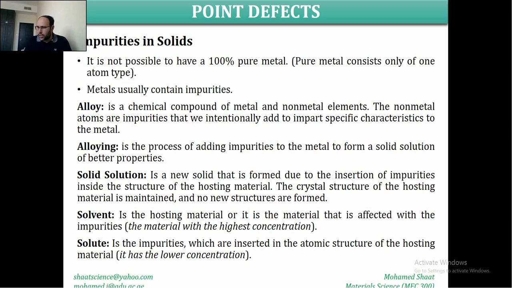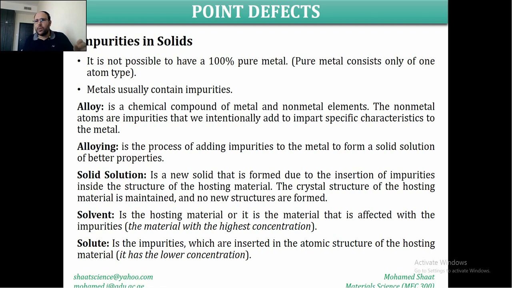But as we mentioned before, in many cases, metals exist in the form of an alloy. It is difficult to have 100% pure metal. For example, aluminum. It is difficult to have 100% aluminum material. Anyway, there should be some impurities inserted inside the material structure.